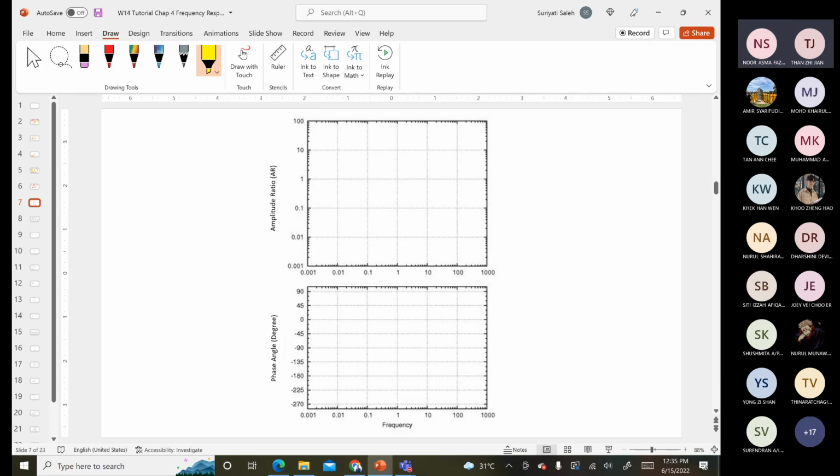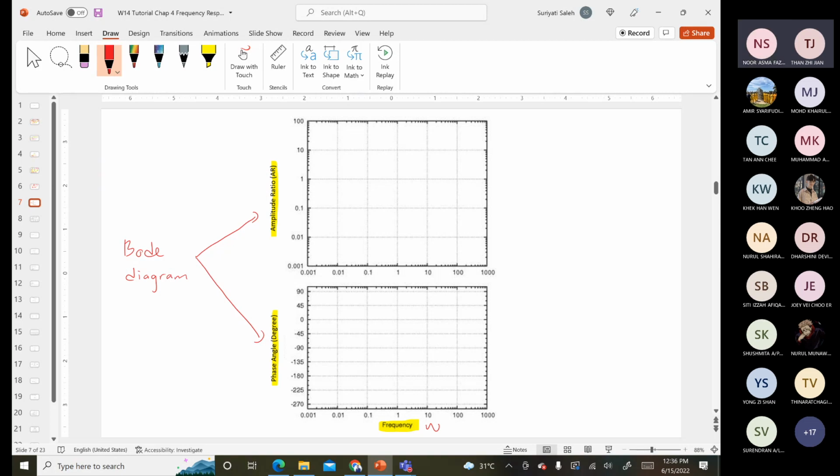The Bode diagram consists of two items, the amplitude ratio and the phase angle, where the unit of the angle is degrees. Both graphs together are what we call the Bode diagram, or sometimes the Bode plot. The amplitude ratio and the phase angle represent the y-axis, and the x-axis is the frequency, which refers to your W.